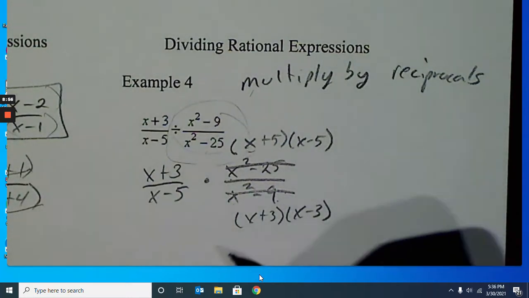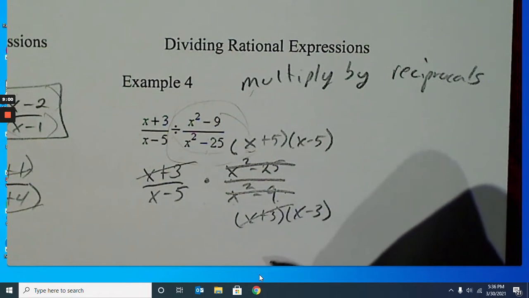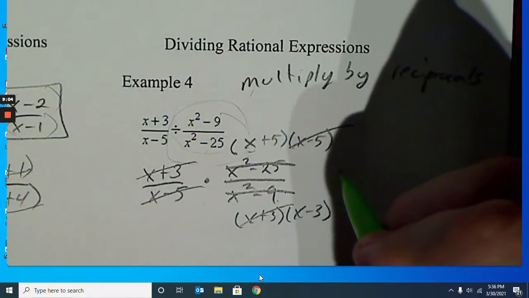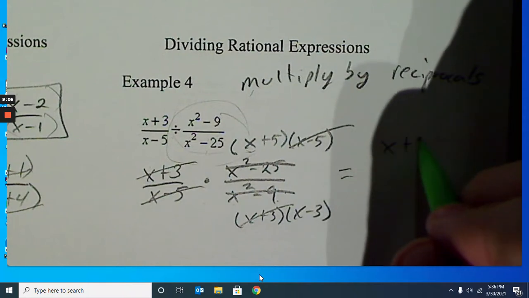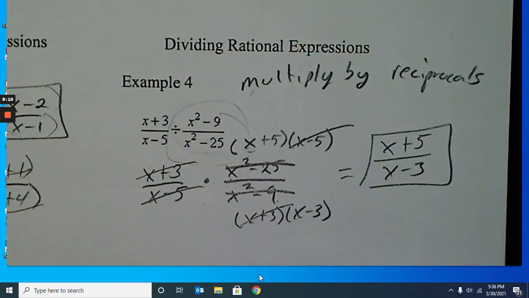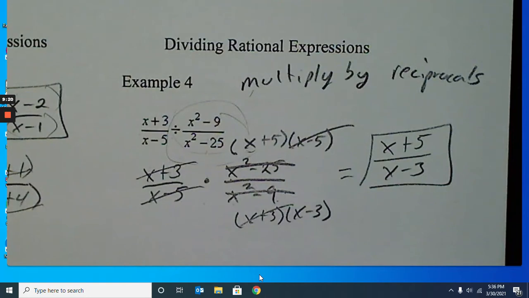Like this x plus 3 reduces this x plus 3. This x minus 5 reduces this x minus 5. So my remaining factors of x plus 5 over x minus 3 is all I actually have left over. And that's the idea of dividing and multiplying rational expressions. It's just factoring and reducing wherever we can.